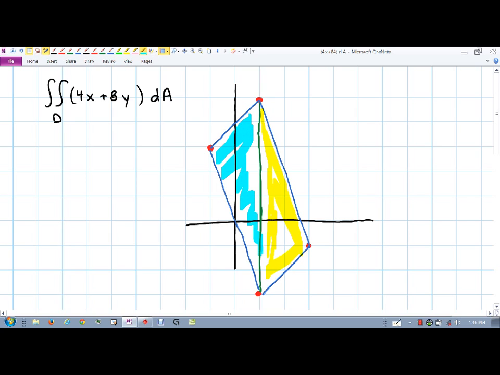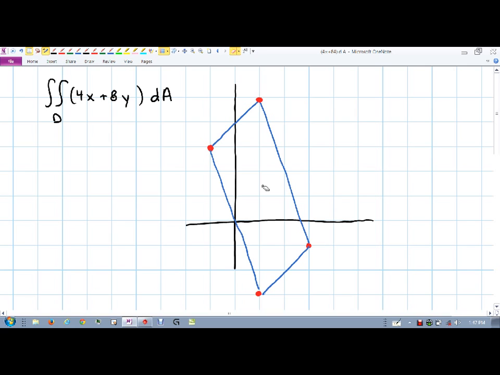Put the two answers together. Agreed? Type 1, you would have a certain thing on top and on bottom here, and then on the other one, a certain thing on top and a certain thing on bottom. So we could do it that way, right? But let's see if this change of variables that's been recommended to us somehow creates a better region in a different space, a different coordinate system.